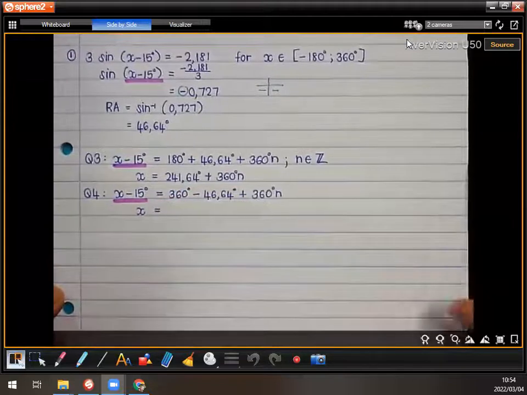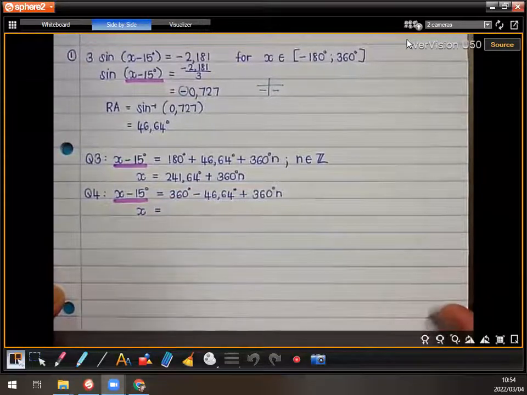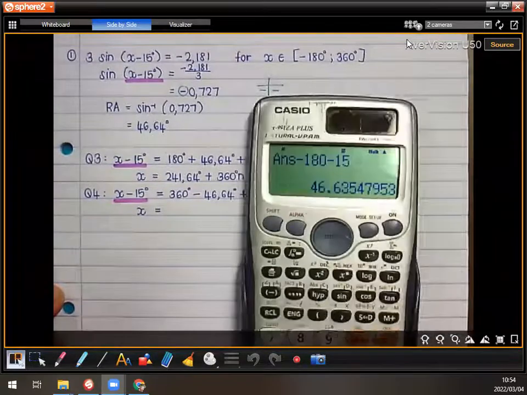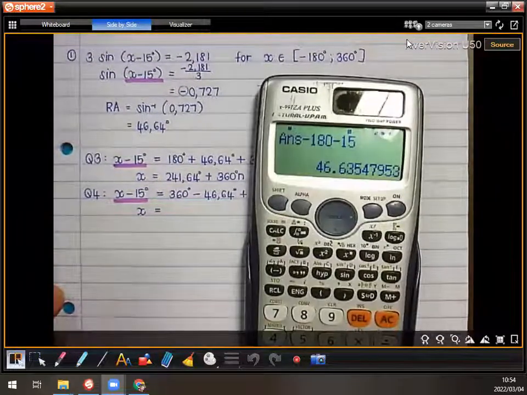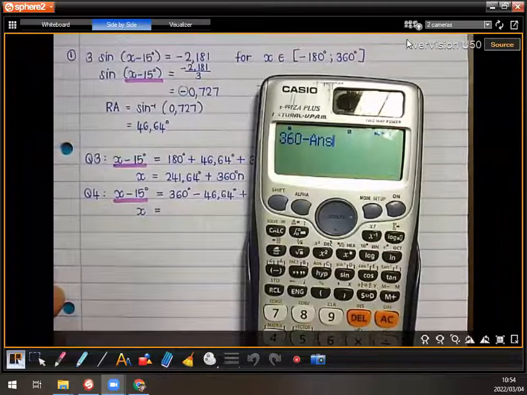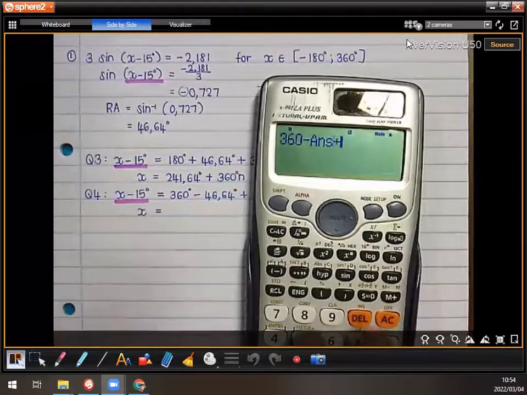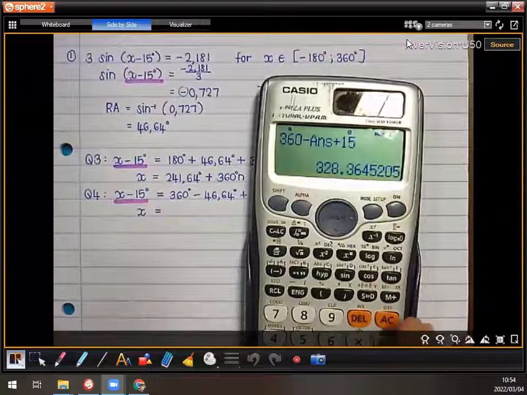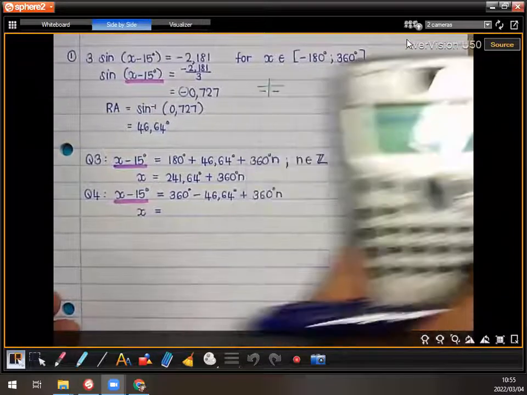Now, to get x on its own, this was my original reference angle. So now we're going to say 360 minus that, and then plus 15. And we're getting 328,36.